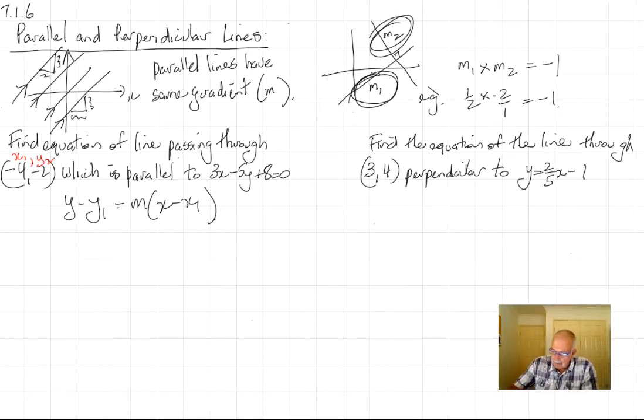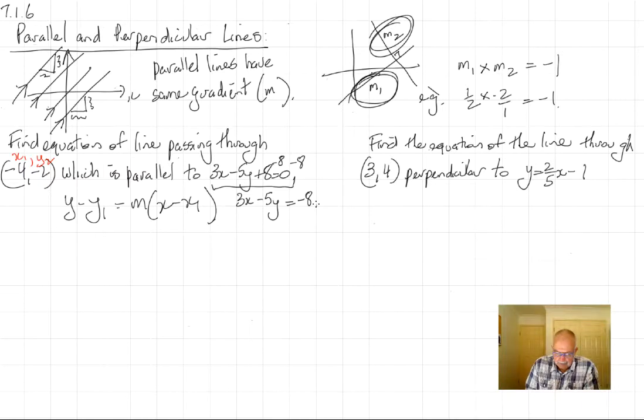And we're also told that it is parallel to this line. Now this does not tell us the gradient. We need to get it in the gradient intercept form. So to do that, we need to take 8 from both sides, and we get 3x minus 5y equals -8.